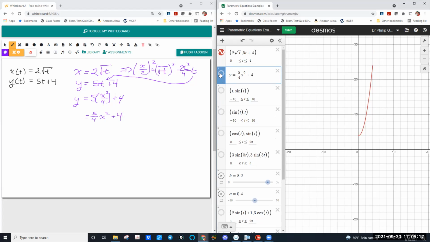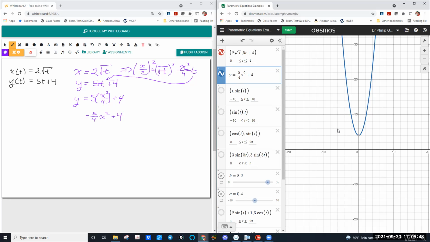Now, a couple interesting things that I want to point out here. Number one, when we graph something in rectangular coordinates, which is our y equals 5 fourths x squared plus 4, we get the entire graph plotted over the entire domain of x. That's a little different than what we got with the parametric, where we have to basically tell it what range we want the parameter to be seen over. The other thing that's happening that I'm sure you noticed is, hey, now we get the left-hand side.